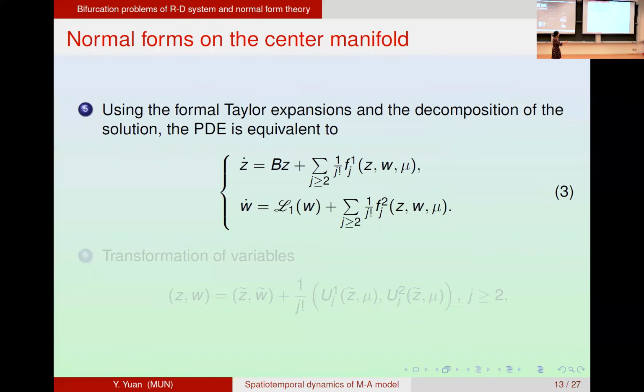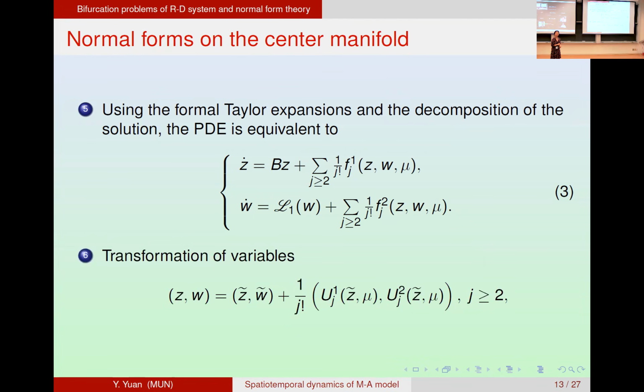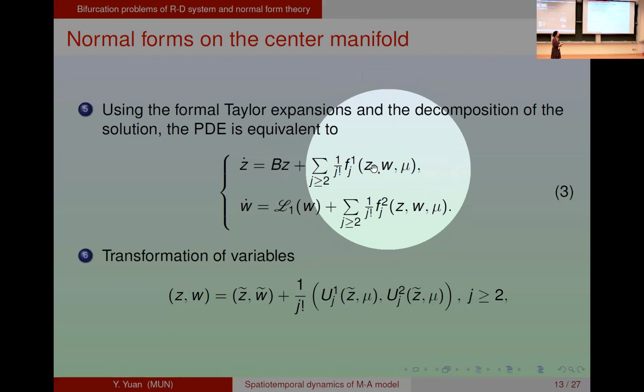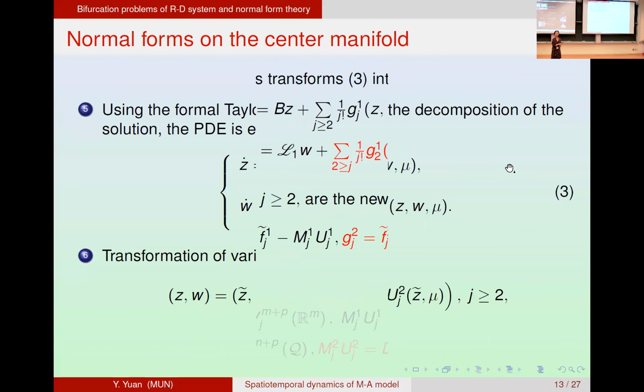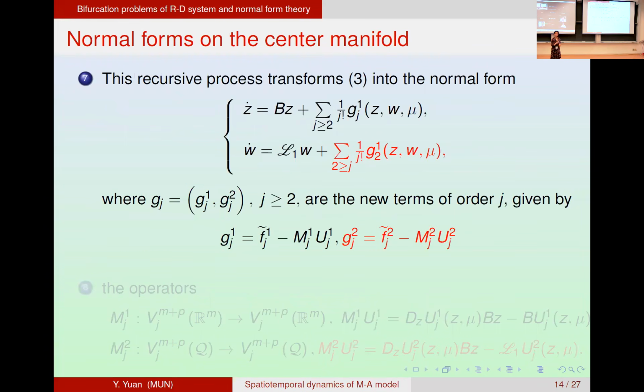After this, we try to simplify it more. We use a sequence of identity transformations to reduce the terms in the center manifold as much as possible. So what kind of terms can we remove to keep the same dynamical properties?